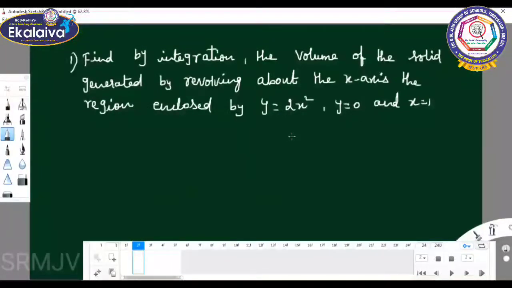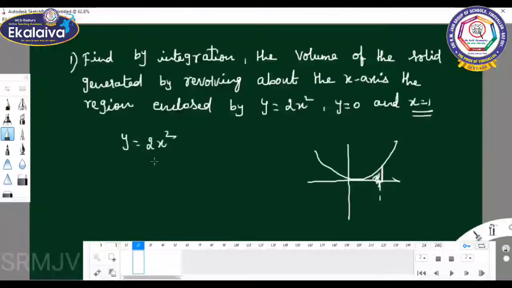The limits are given in the form of x equal to 1. y equal to 2x square is an upward opening curve, and it is revolved about the x-axis.